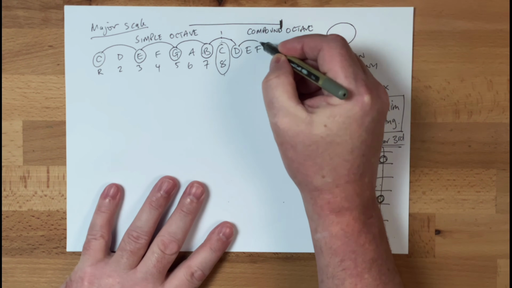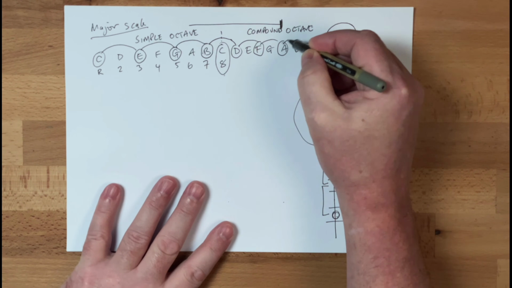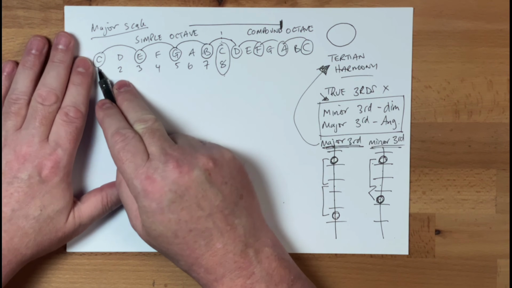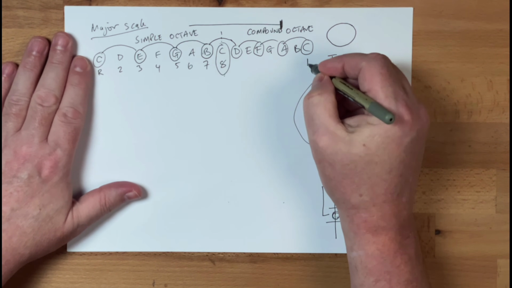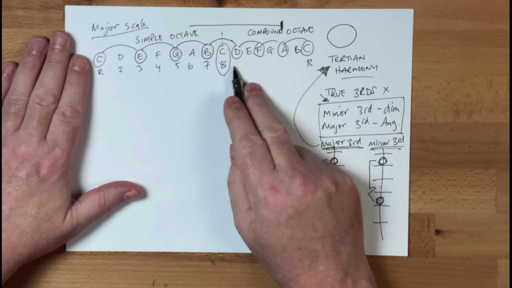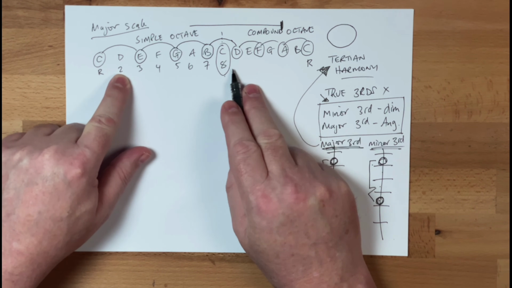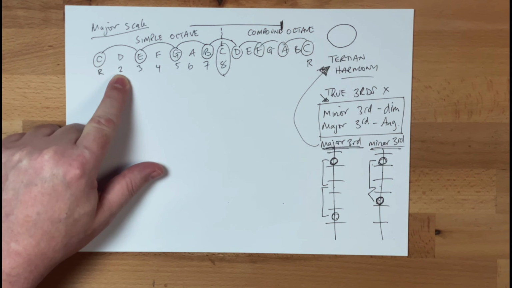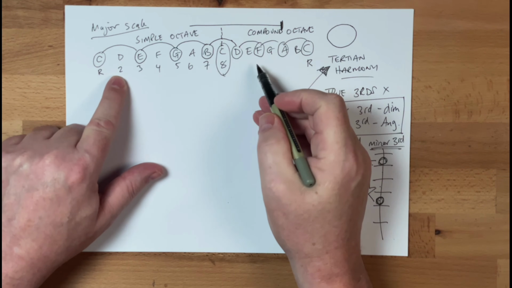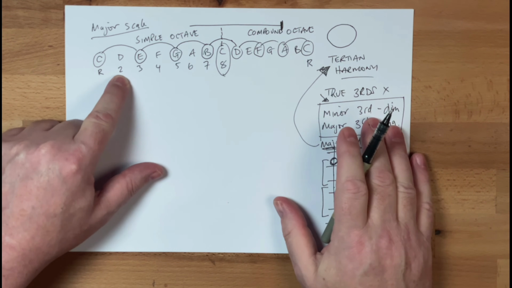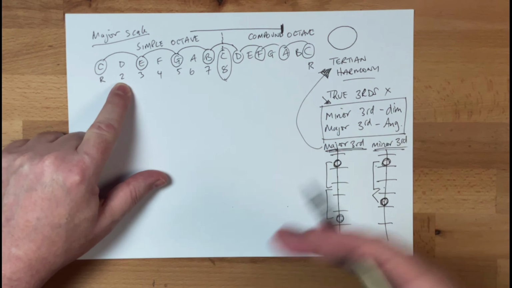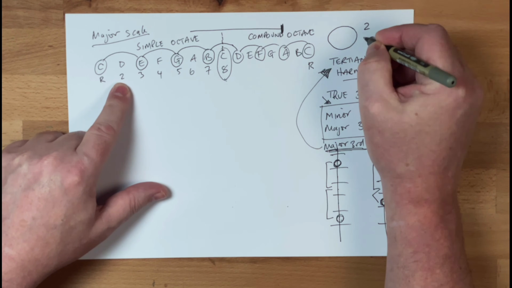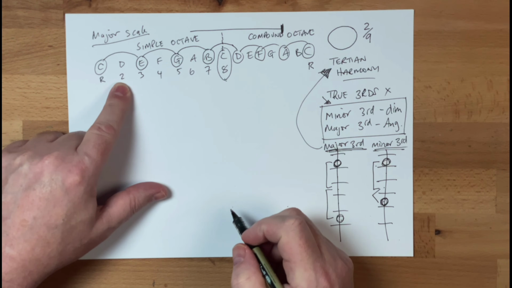Okay, so we get that compound octave, we jump over, we jump over, we jump over until we get back to C. Now you can see we've got a C here, so this is really just going to be the root note. But let me talk you through these here, and you might think to yourself, well, that D is the second here. Now, once we get into the compound octave, this gets a synonym, so we get an enharmonic interval name for it. The second can also now become the ninth.